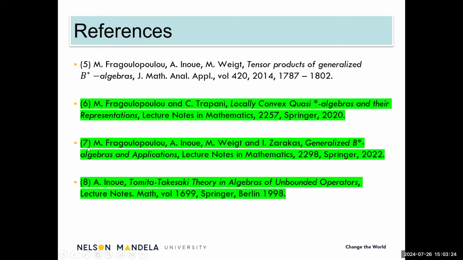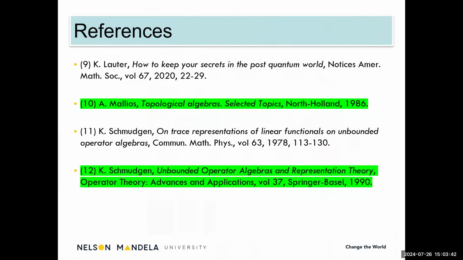Also, reference 7 over here is the recent book published by myself with Maria Fragopoulou, Atsushi Inoue and Ioannis Zarakas, in Lecture Notes in Mathematics. And then some more references on unbounded operator algebras and topological algebras.